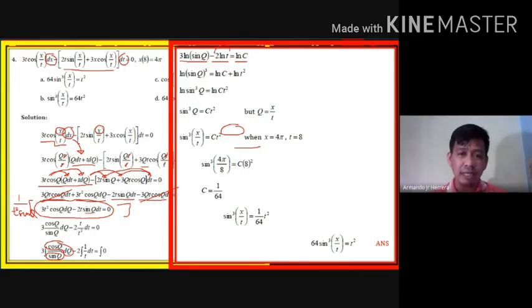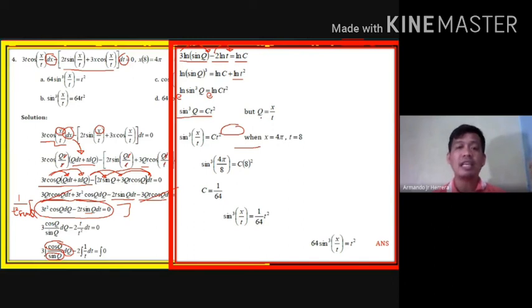So using property ng logarithm, the 2 becomes the exponent of t, the 3 becomes the exponent of sine. So this gives you ln sine q to the third minus ln c, transposing this negative on the right side of the equation gives you ln t squared. Combining, since addition, you are multiplying c and t squared, so that's ln ct squared is equal to ln sine cube q. So using anti-ln, raise natin, that gives you sine cube q is equal to ct squared.